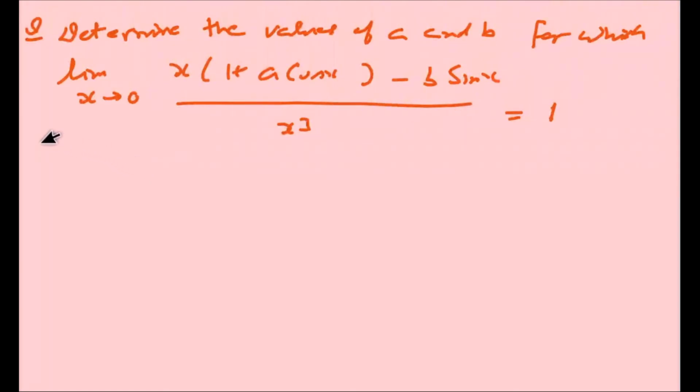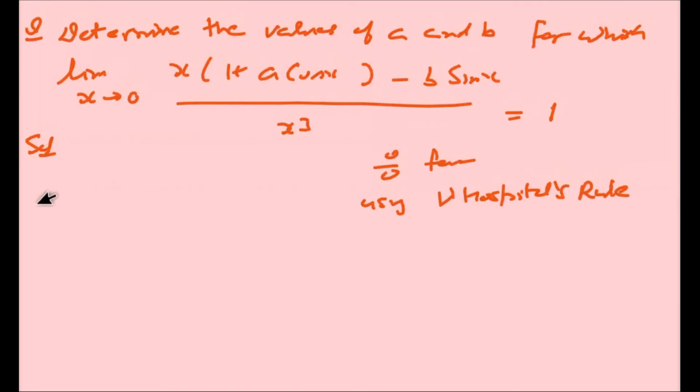Now if we put 0 here, the numerator is 0 minus b into sin 0, which is 0, and the denominator is 0, so it is 0 upon 0 form. So using L'Hospital's rule, we take the derivative of this.